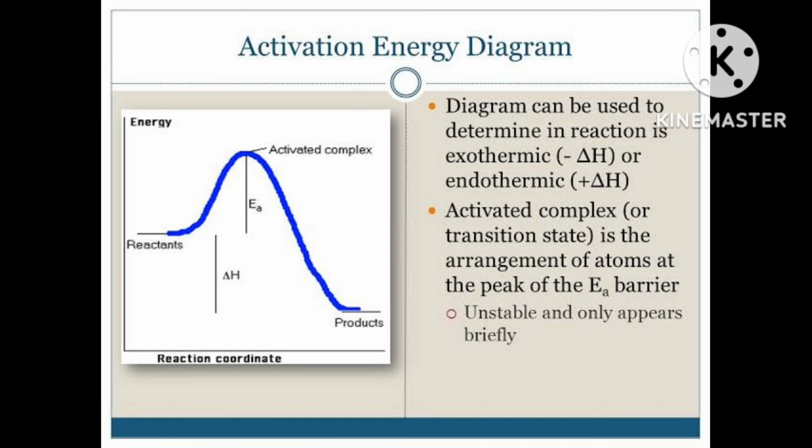Now at equilibrium, what are the concentrations? Write those values. In place of PCl3 and Cl2, you write X into X, divided by PCl5 concentration, which is 3 minus X, equal to Kc.